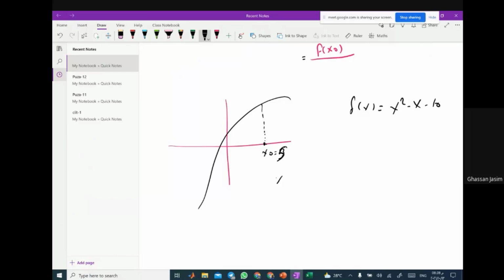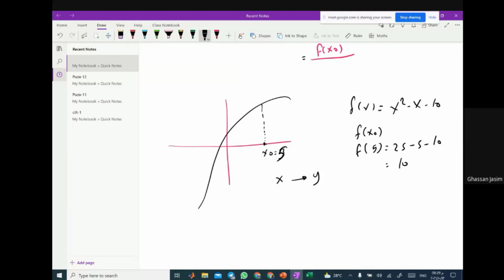As you know, every x has a y. If we say f of x naught, I mean f of 5, what? 25 minus 5 minus 10, it will be equal to 10.